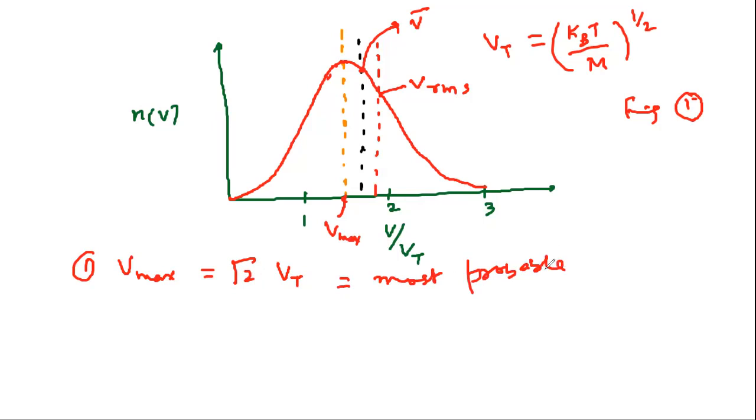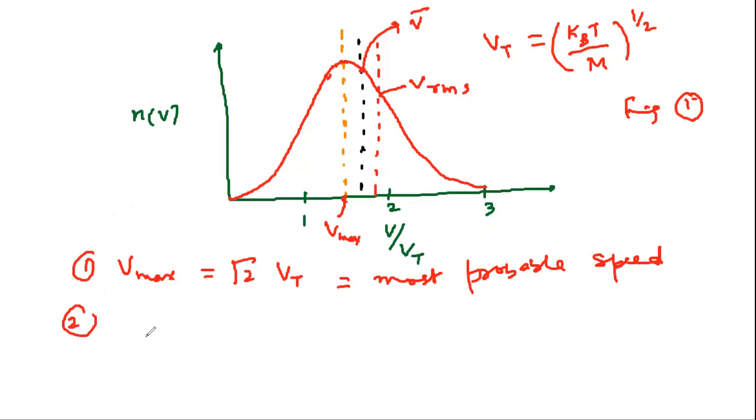So it corresponds to the maximum in this curve when we plot n of v versus this ratio v by v_t. The maximum or peak will correspond to this most probable speed V max, and it turns out to be equal to square root of 2 times v_t, where v_t is kT by m raised to the power half. You can check it, or rather I should say prove it.